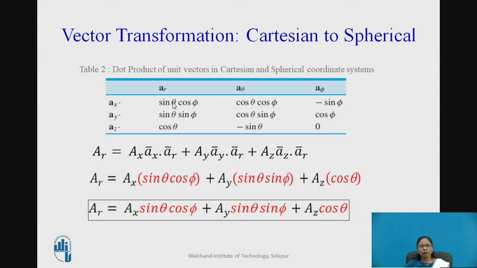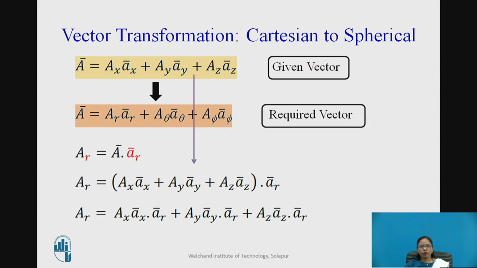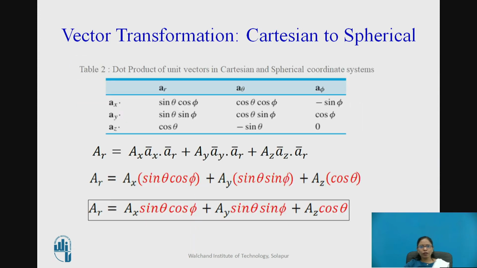We can locate that point like this. I locate ax dot ar, which is sine theta cos phi, and I can substitute it in the equation. Similarly, I can locate ay bar dot ar bar, which is sine theta sine phi, and substitute this also.